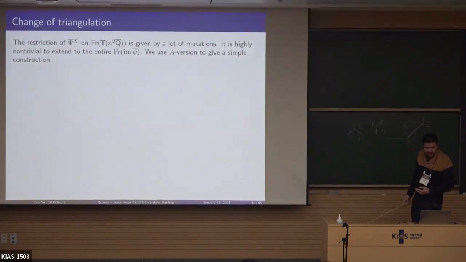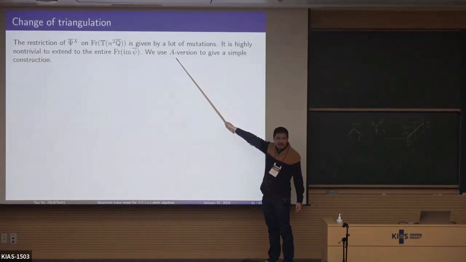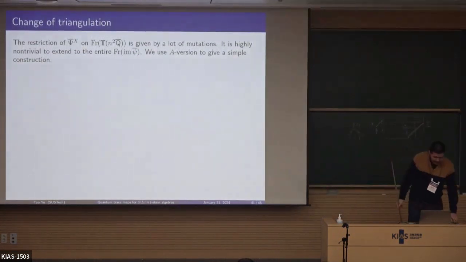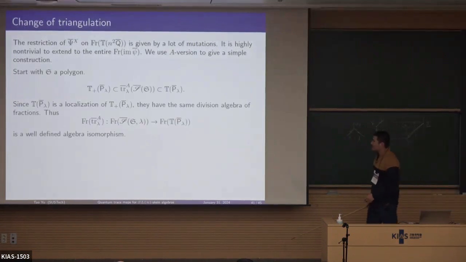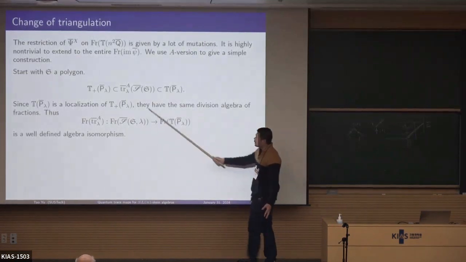So what happens here is the other version, the A version that's related to Muller's construction, because it's a localization, we can do this very neat algebra trick to directly obtain a transition map without basically any work.